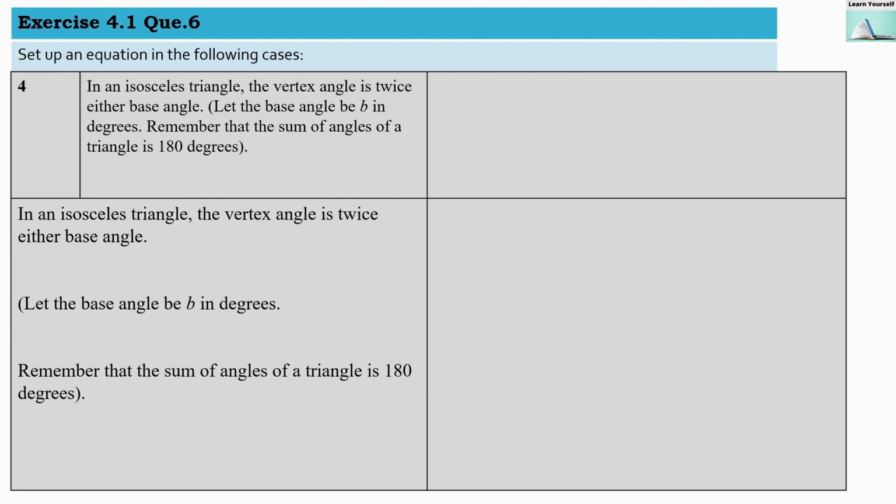Exercise 4.1, question number 6, fourth one. In an isosceles triangle. Now what is an isosceles triangle? Let us understand that first. This is a triangle in which two sides are equal. These two sides are equal and as a result, these two angles are also equal.